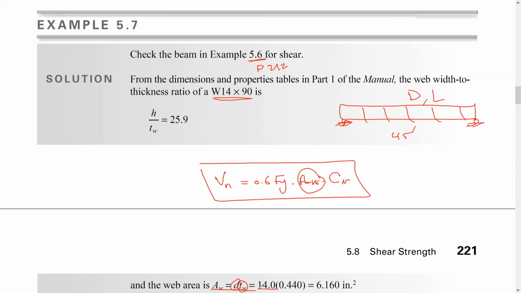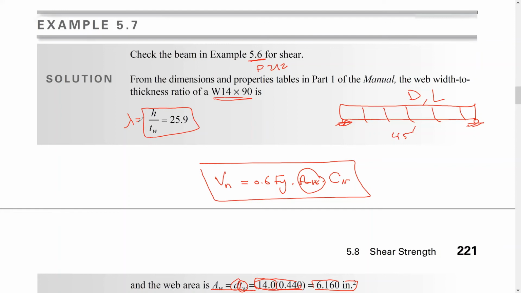The depth is 14 and the web thickness is 0.44, so the area is 6.16. You can get these values from Part 1 of the steel manual, and I'll show you how, because we need the lambda for the web to check which case is applicable for this beam.